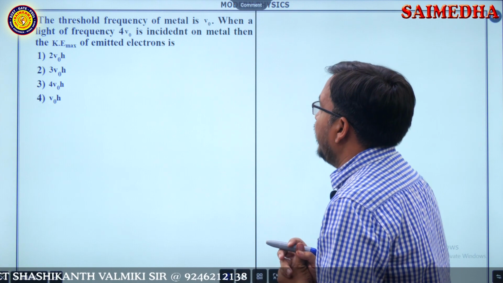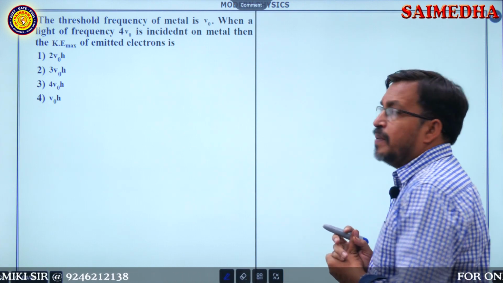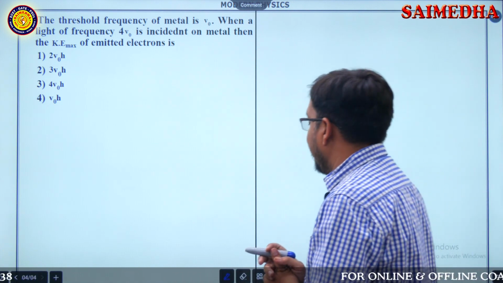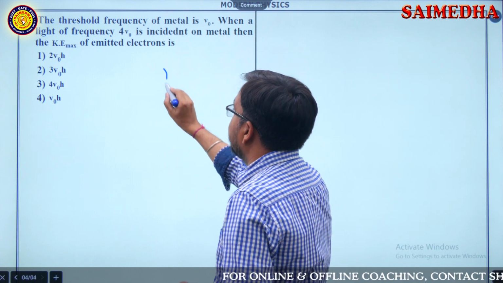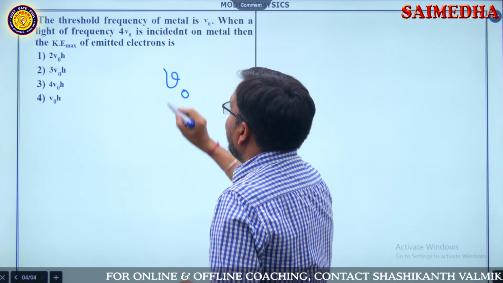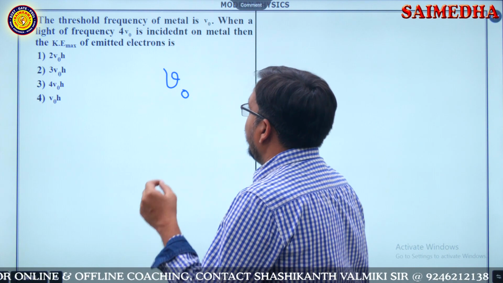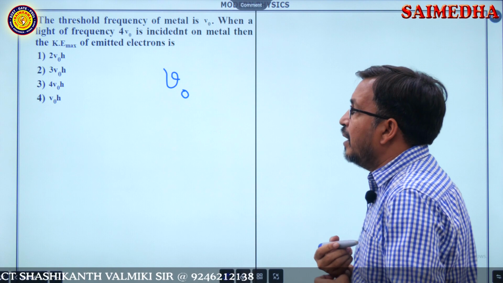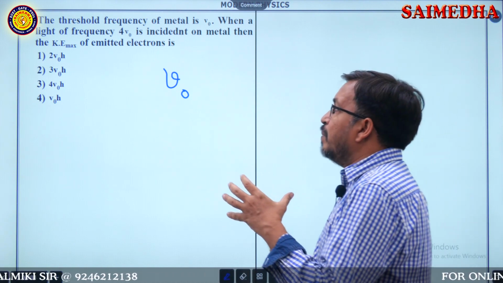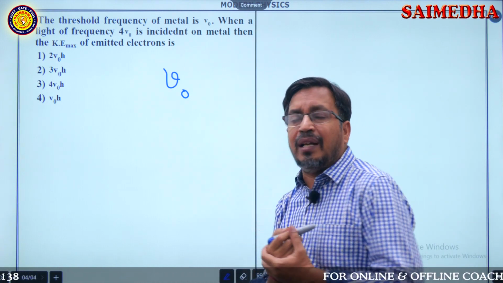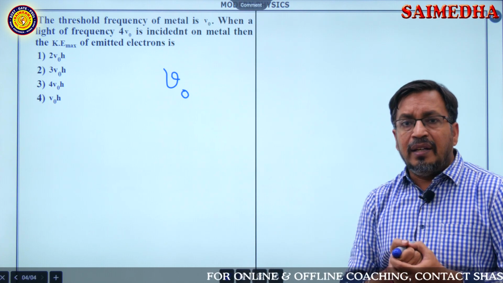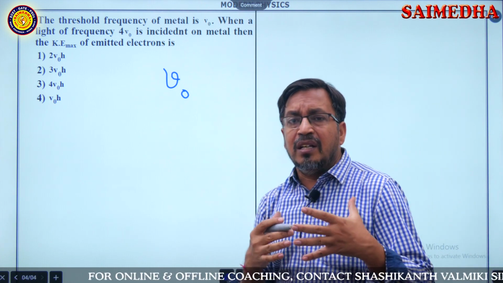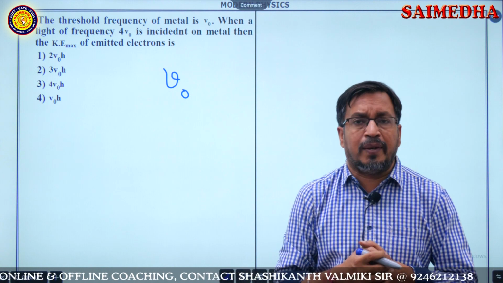The threshold frequency of a metal is mu naught. When a light of frequency 4 mu naught is incident on a metal, what is the maximum kinetic energy of emitted electrons? A question like this has been repeated many times in this set.